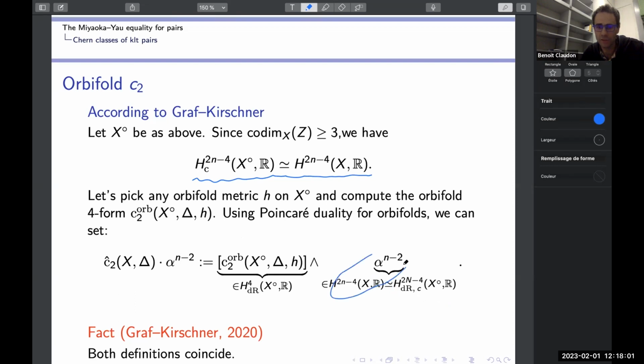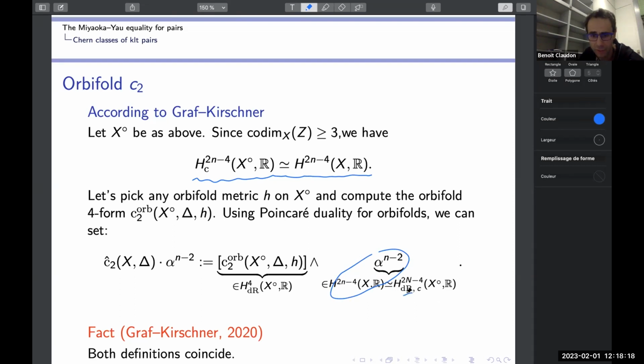So I use the cup product. So this is an element in the H2 n minus 4. And so using this abstract isomorphism, I can see it as a 2 n minus 4 forms.